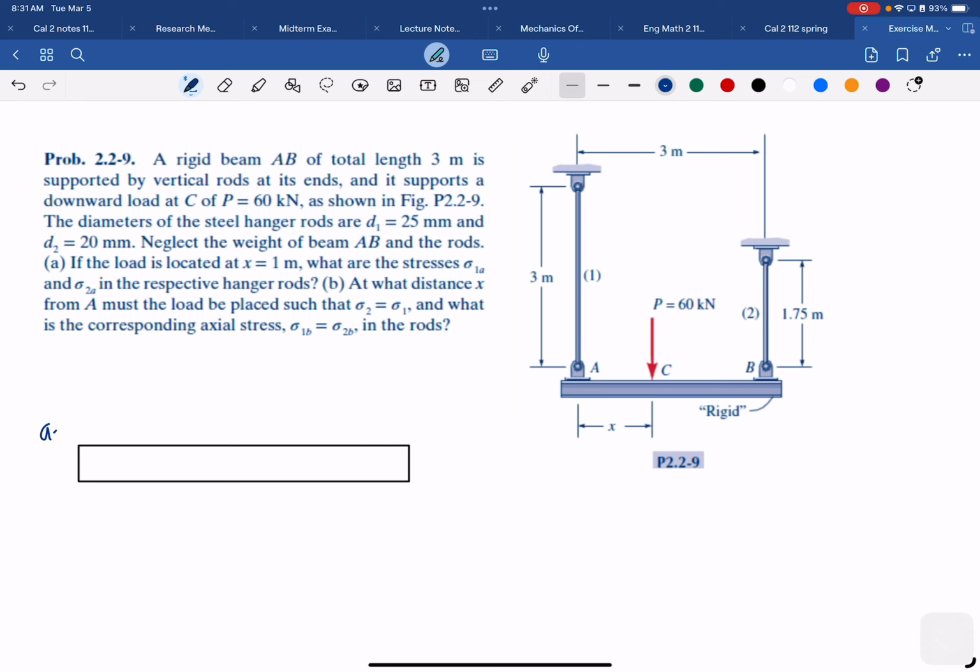So let me assume that there will be a force here, which we name F1A, based on the information.